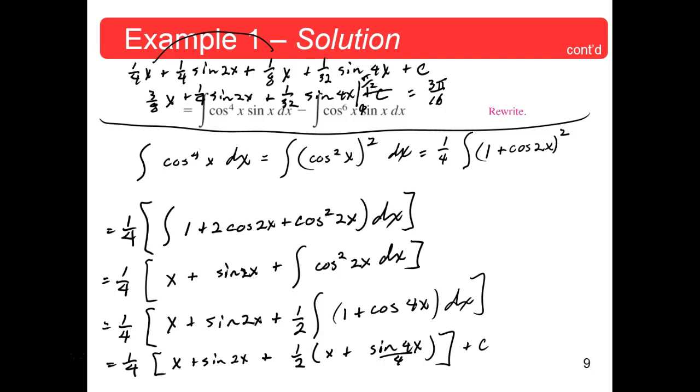You put in pi halves for x. 4 times pi halves is 2 pi. And sine of 2 pi is 0. And you put in 0 here, and that's 0. Put in 0 here, and that's 0. And put in 0 there, and that's 0. So basically there's your answer. 3 pi over 16. Lots and lots and lots of zeros there.